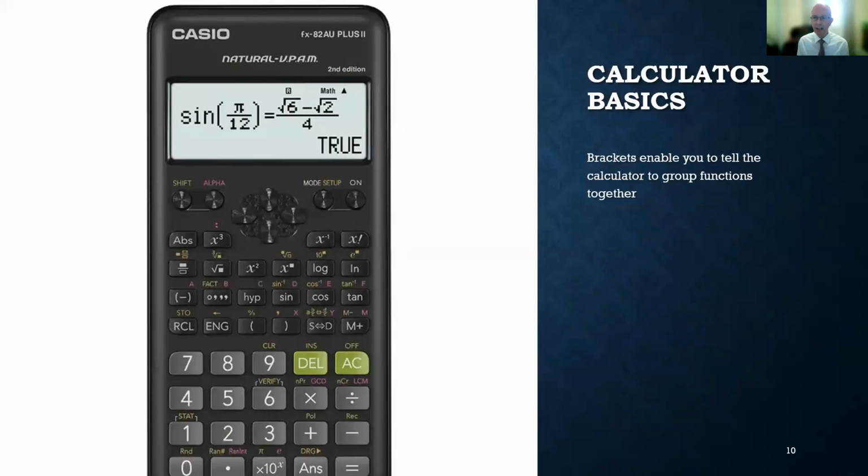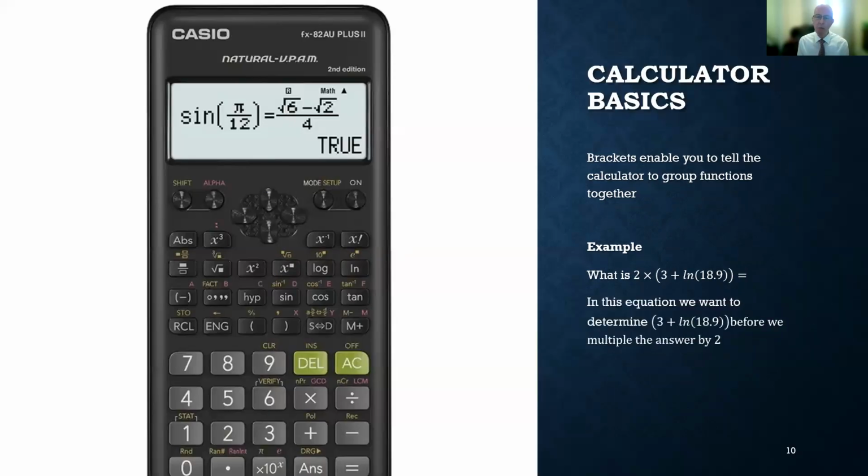And the final function we'll look at today is how to use the brackets properly. Brackets enable you to tell your calculator to group functions together, to calculate those first. So we'll do a complicated example. What is 2 times 3 plus the natural log of 18.9? In this equation, what we want to determine is 3 plus the natural log of 18.9 before we multiply that answer by 2.